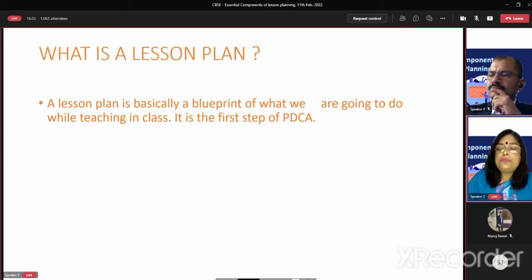Lesson plan comes under planning, then doing, when we execute our plan, then checking in the form of assessment, and then act means after the assessment is done, you analyze, reframe, and replan. That is what you call act.